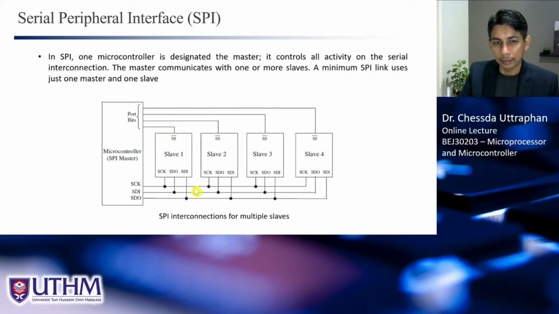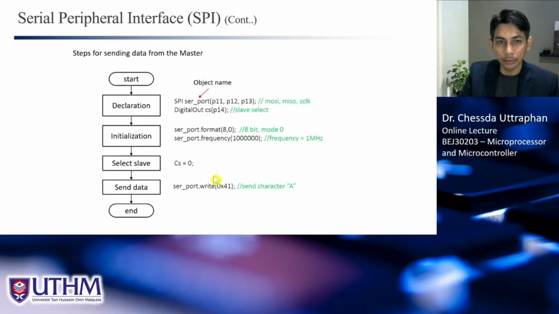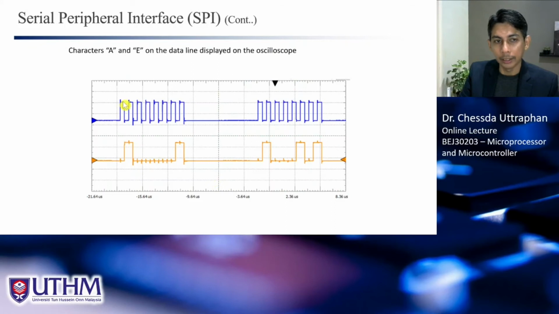The circuit is like this, and the communication itself is easy. If we look at the data and the clock here, it is straightforward. There is no other information that we need to know, only the clock and the data. All right, and it is fast.